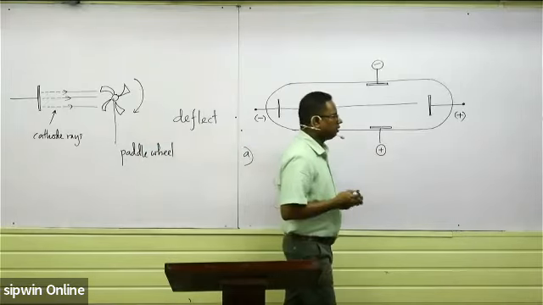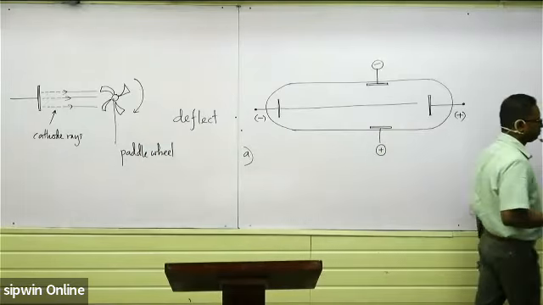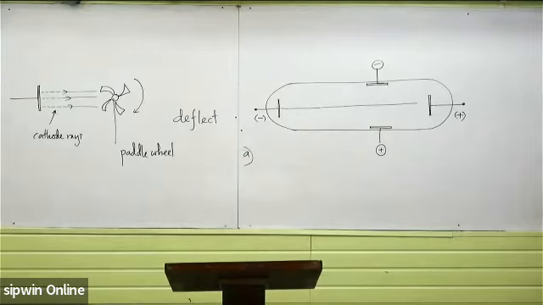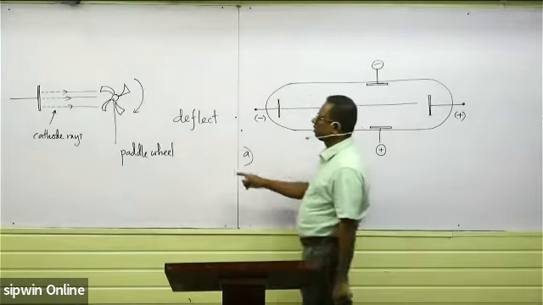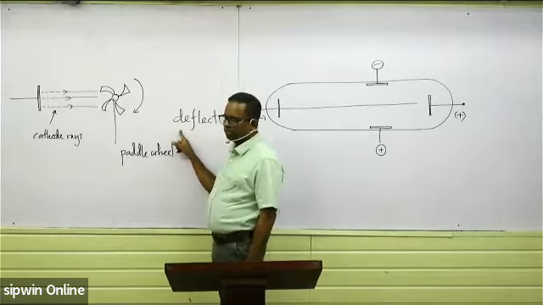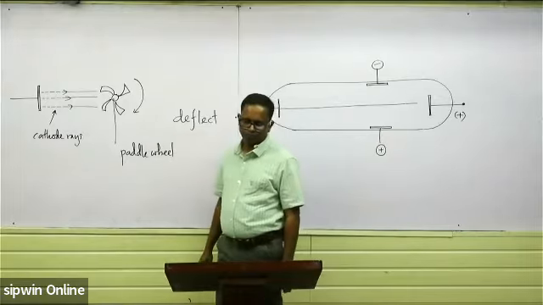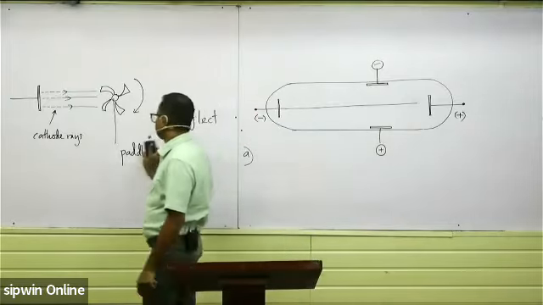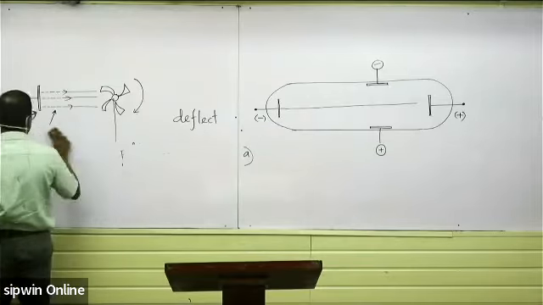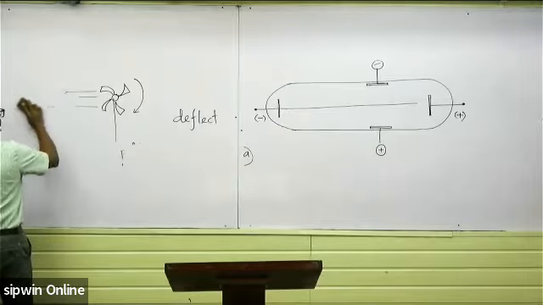This cathode rays deflect to the direction of the positively charged electrode.